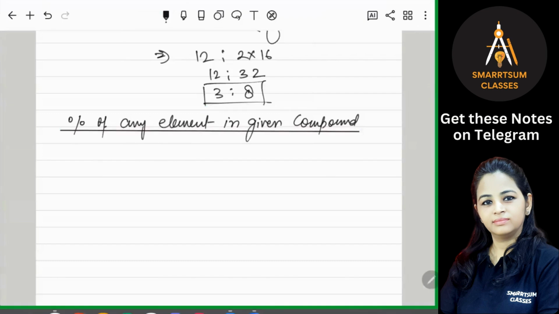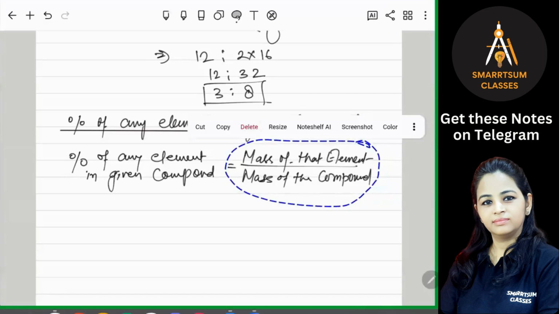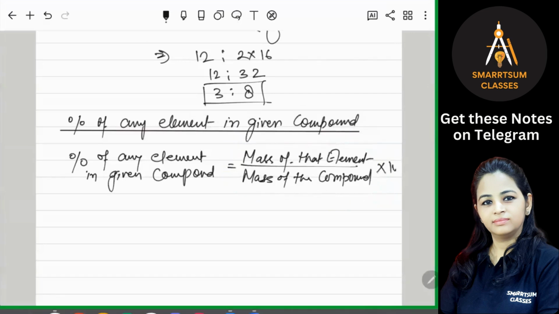Percentage of an element in a given compound is equal to the mass of that element upon the mass of the compound, multiplied by 100. In this way, you can find out the percentage of an element in that compound. Is that clear? So please note it down.